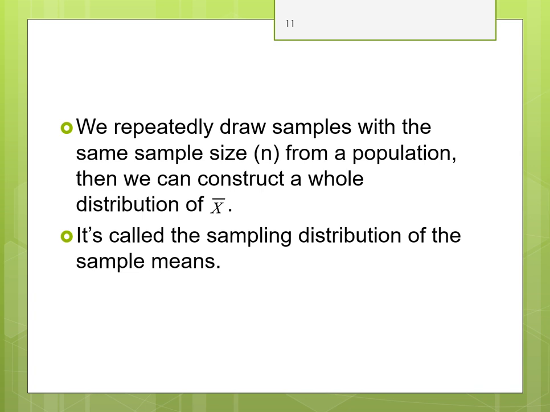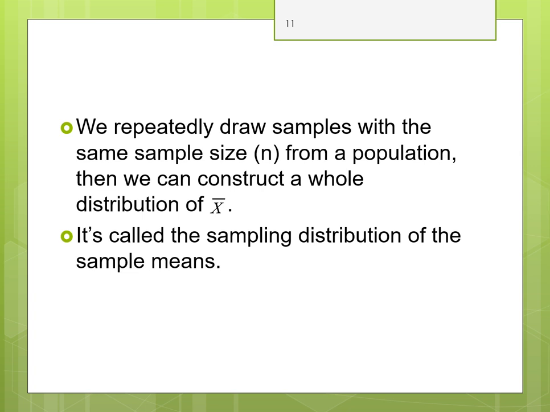Especially when we are talking about the X bar, it is called the sampling distribution of the sample means. Actually, that is the distribution of X bar. So please notice that in chapter 4 we are talking about the distribution of the sample means, not the distribution of the original data.